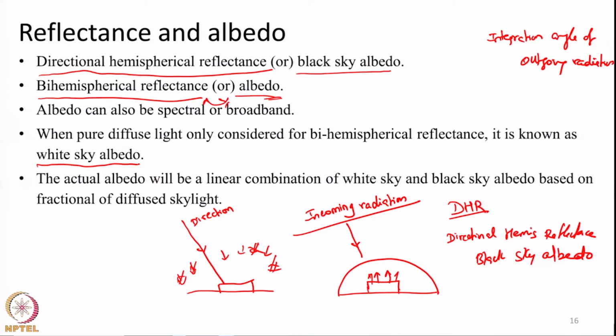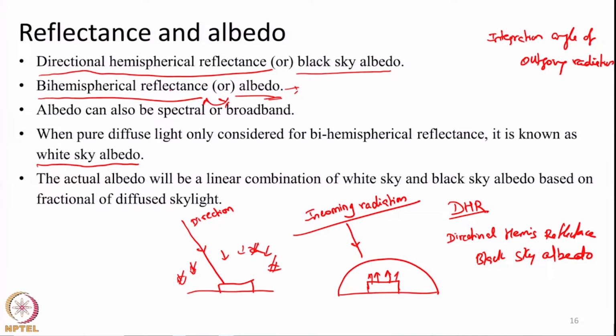First thing I told you, directional hemispherical reflectance, where only direct sunlight is considered, the diffuse component is removed. Second case, the most practical thing we encounter in our everyday life, is every object will be receiving energy both from direct sunlight and diffuse skylight. If we measure albedo under such circumstances, we call it bihemispherical reflectance.